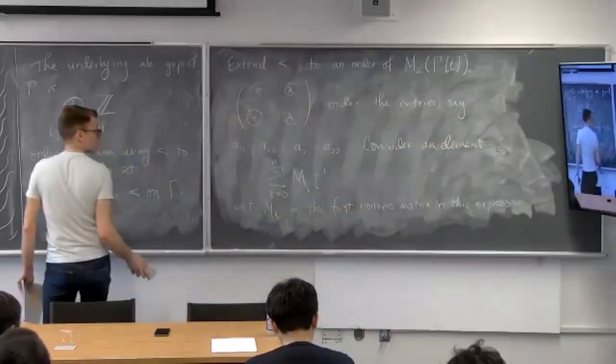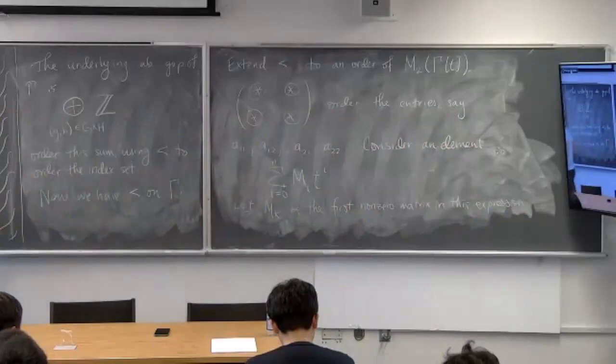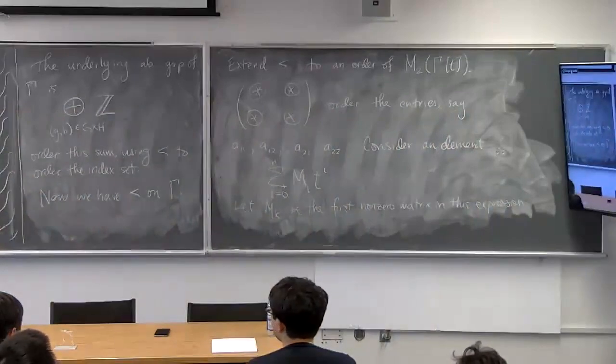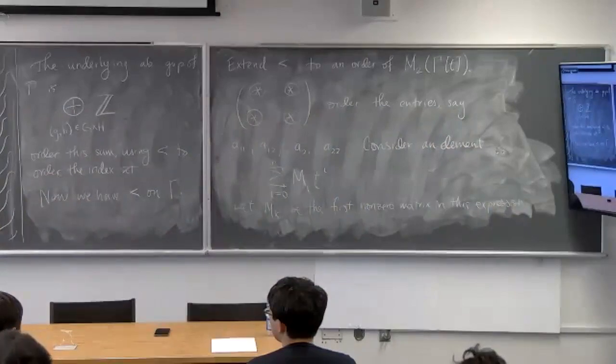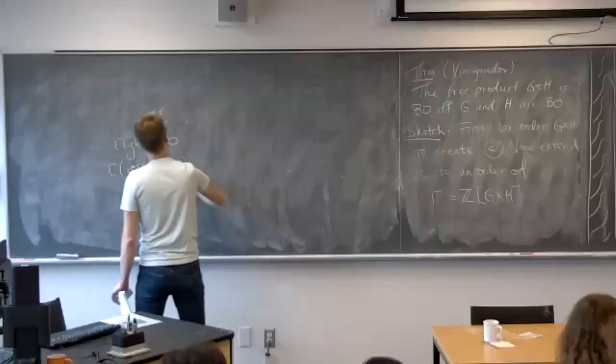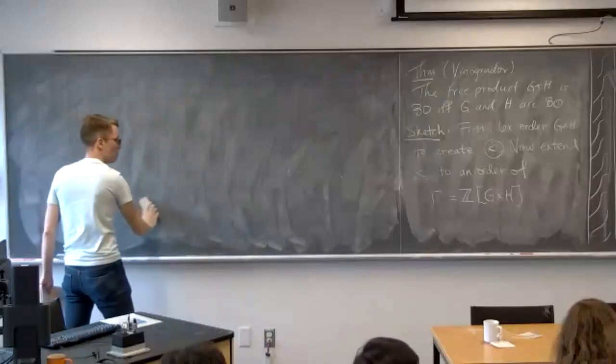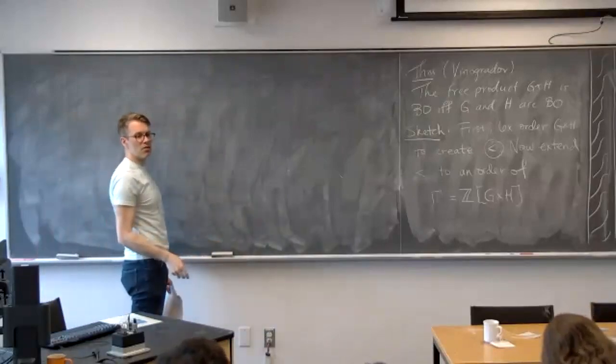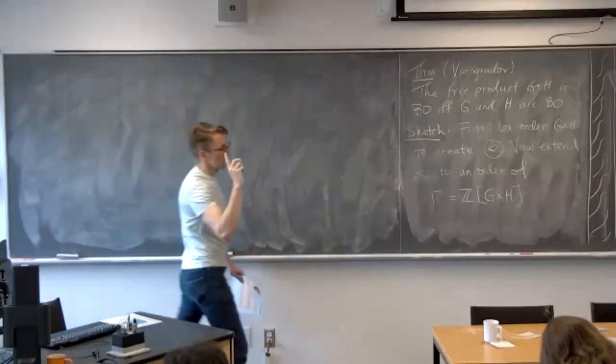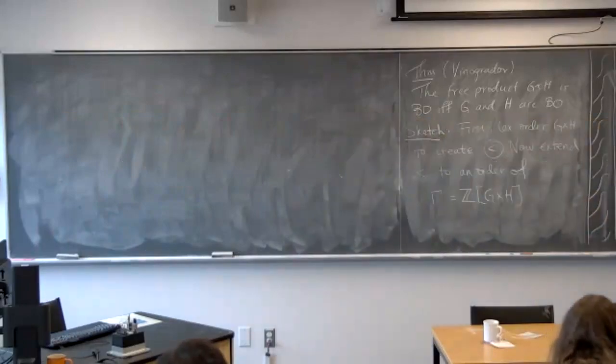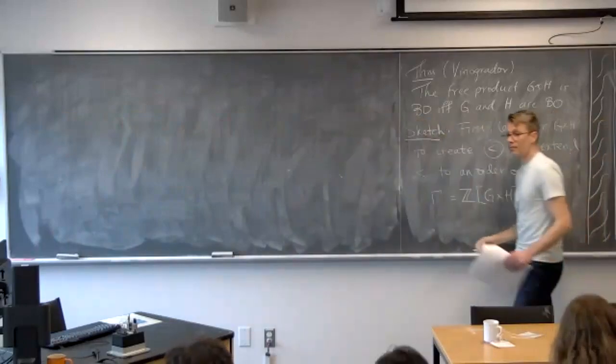Now I want to declare this thing to be bigger than 0 if, when you look at the first non-zero matrix in that expression, the first non-zero entry in that matrix is positive. When I say first entry, I mean relative to our fixed ordering of the entries.